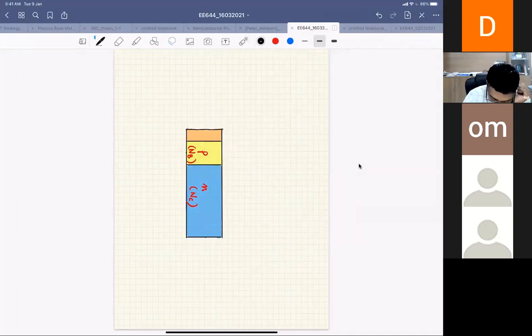Now this emitter thickness is low, so it is very easy to control the base width by implantation. But on top of that, we deposit poly, so the emitter thickness is increased by this polysilicon. So basically that is what happens.